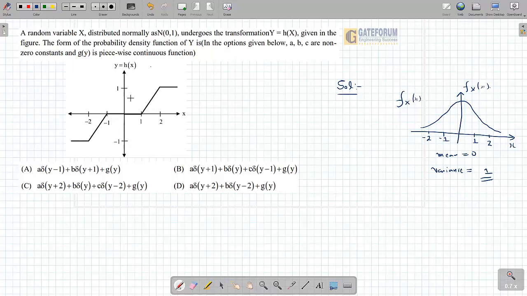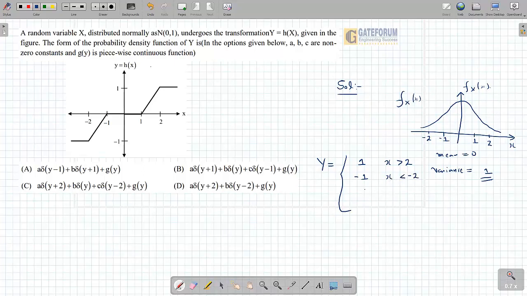By looking at this function, you can say clearly that though the random variable x is a continuous random variable, the random variable y is not continuous. It is a combination of discrete as well as continuous random variable. If you try to form an equation for y: y is equal to 1 when x is greater than 2, and y is equal to minus 1 when x is less than minus 2.